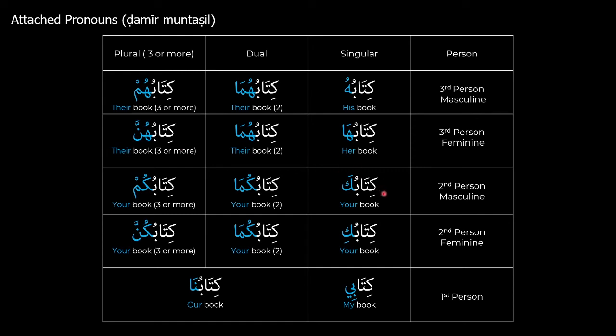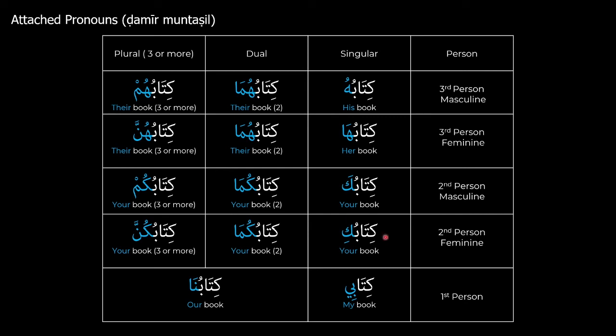Now we have kitabuka, which is second person masculine singular, which means your book, and this is the same as anta, except it's gonna look like this when attached. And then we have kitabukuma, which is second person masculine dual, which means your book when referring to two people. And then we have kitabukum, which is second person masculine plural when referring to three or more people, which also means your book.